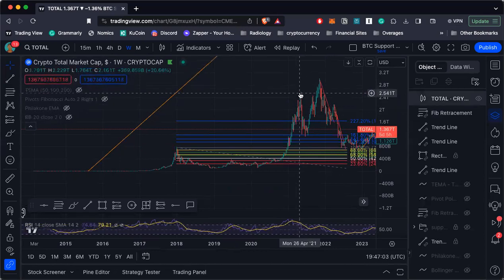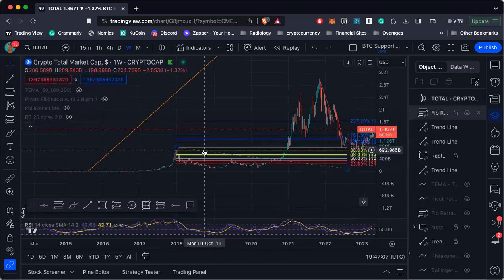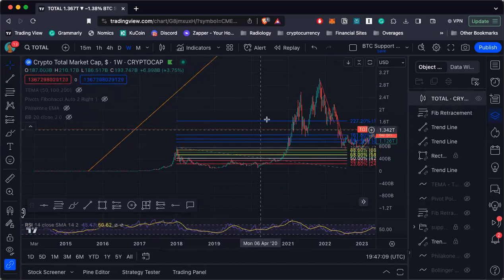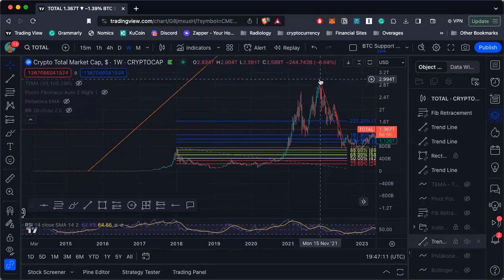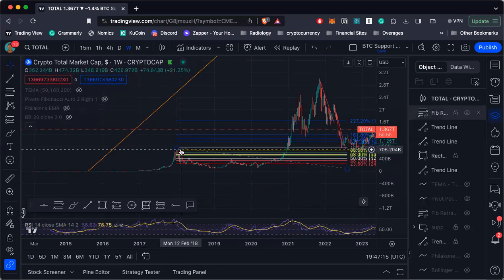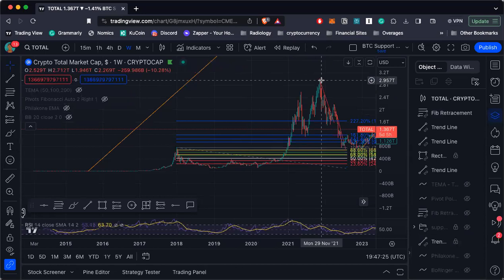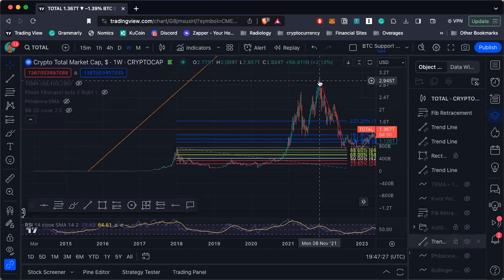the highest level of the Fibonacci retracement. Okay, we went from what level? We went from 690 billion, and we got all the way up to what? Let's just say it again. In January of 2018, we were at 740 billion ish. Let's say 700 billion, and we shot all the way up in November of 2021 to 2.9 trillion.